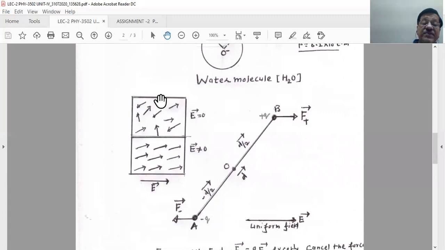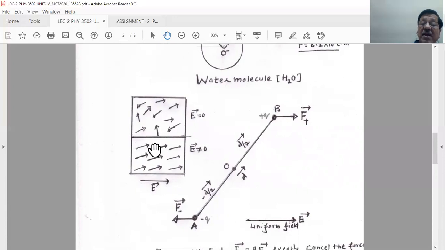But when you keep such a sample in an electric field, where E is not equal to 0, you apply an electric field to this sample, then all the dipoles, which are randomly oriented, you see the orientation is different, but when you apply the electric field, as I said, the dipole will experience a torque, and once they experience a torque, the induced dipole moment vector P will align along the field direction.